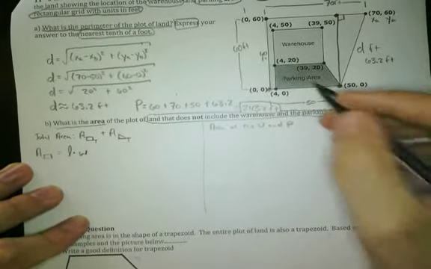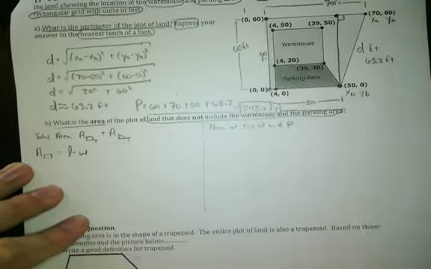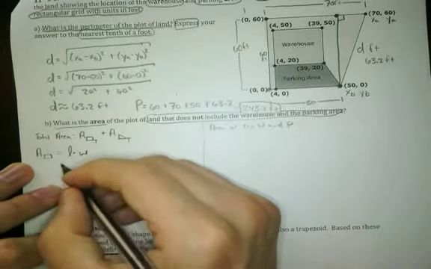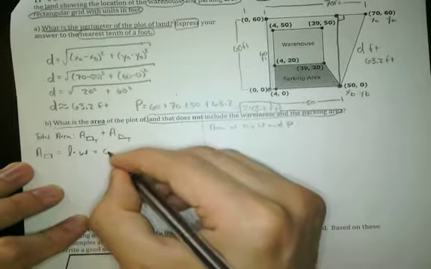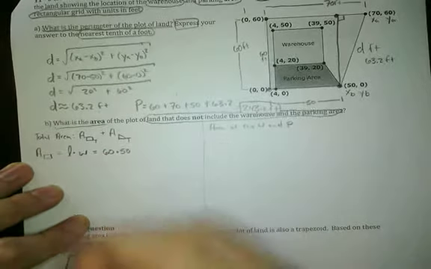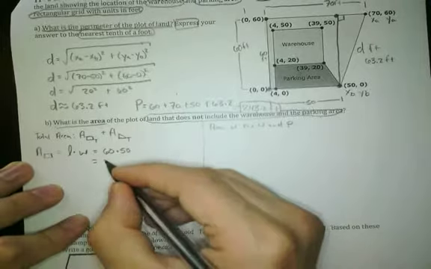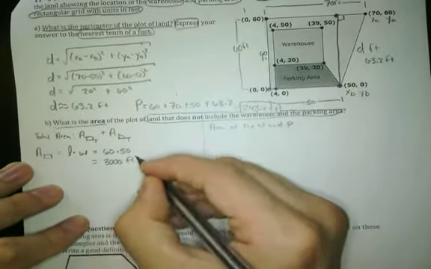So this whole side here is going to be 50 feet. So this ends up being the length, which was 60, times the width, which is 50, which gives me a total of 3,000 feet squared.